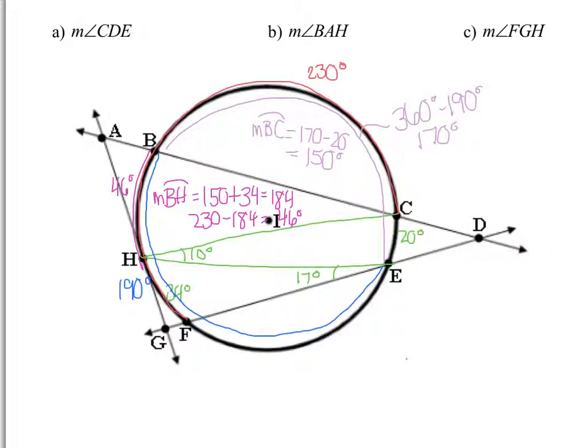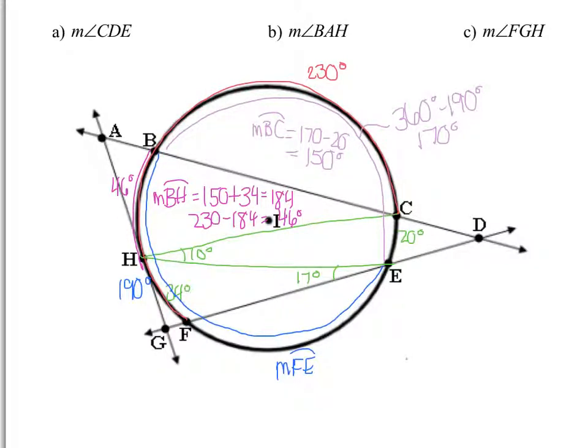Now I know pretty much all of my angles. Just for the sake of it, I think I need the measure of arc FE. I know every other part. This is 20, this is 150, this is 46, this is 34.